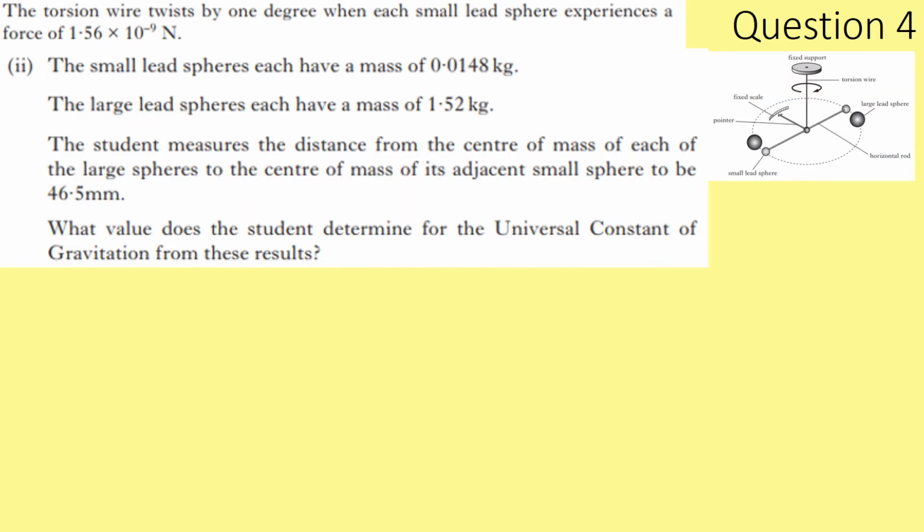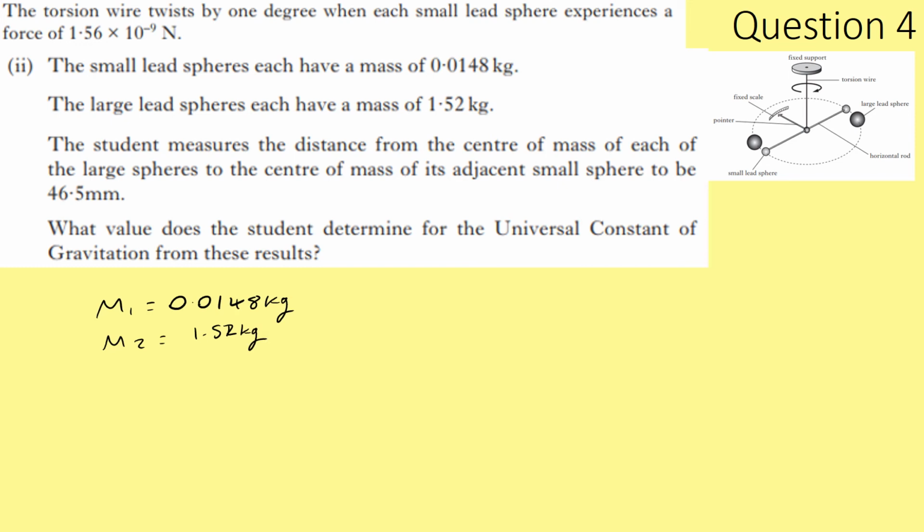In Part 2, we're told the mass of each of the lead spheres. The small lead sphere has a mass of 0.0148 kilograms, so M1 is equal to 0.0148 kilograms, and the large lead sphere has a mass of 1.52 kilograms.